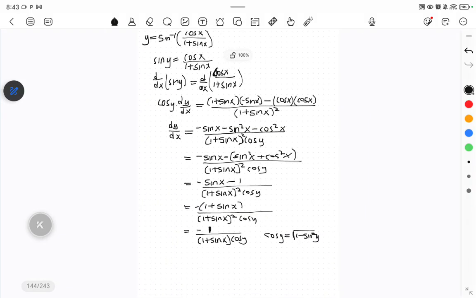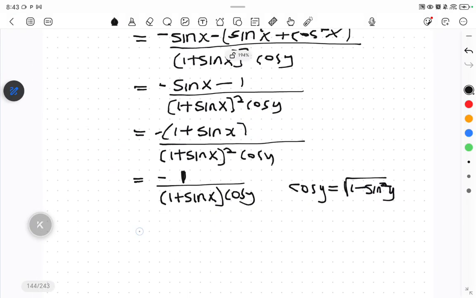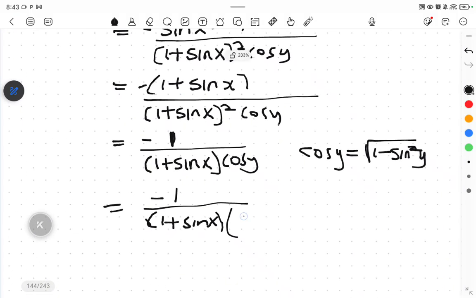And sine y is equal to cos x plus this sine y, your cos y is the root of 1 minus sine squared y.